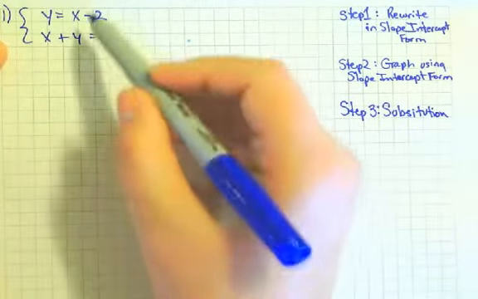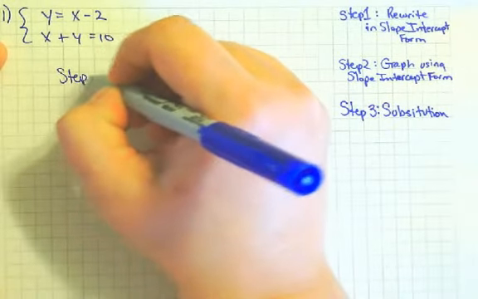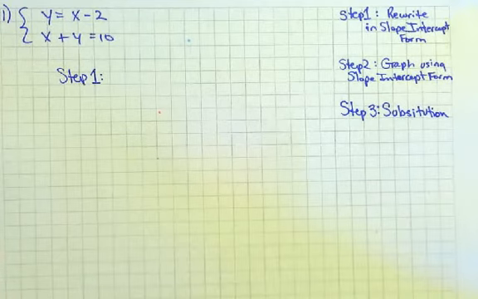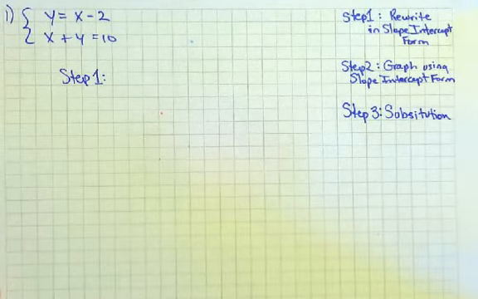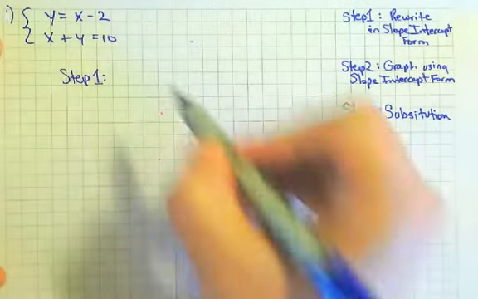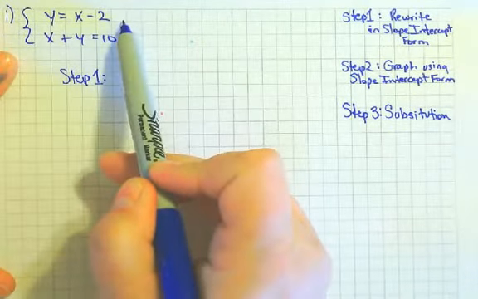So now that you have those steps, let's go ahead and show you the steps. So right here on number 1, this is the original. Then I'm going to show you step 1. I won't show all of these like this, but I want to make sure that you know how to do it. You are going to rewrite both of these into slope-intercept form. The first one is already done for you, so you can leave that the way it is.